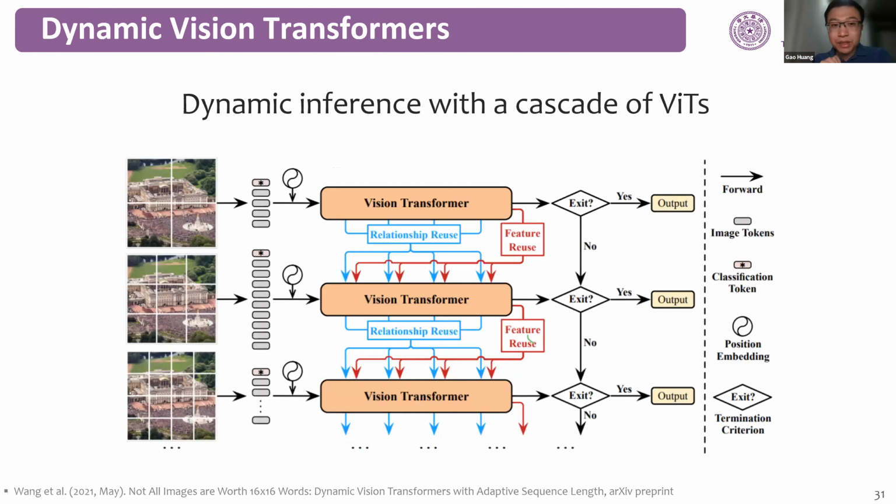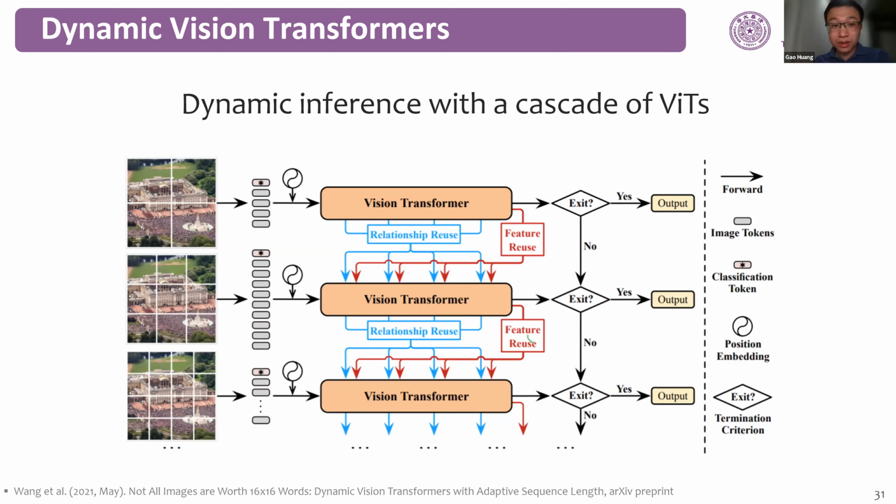It's basically a cascade of ViTs, and in this cascade, it will first receive an image with very few tokens, for example, 2 by 2 tokens or 4 by 4 tokens, and we will directly retrieve the output to see if the prediction is sufficient or not.